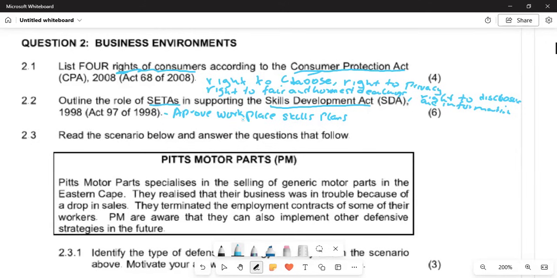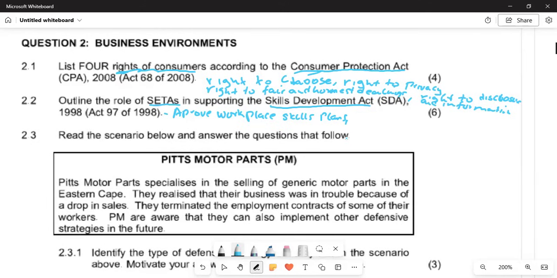They give the accreditation to business to continue training in the workplace, because they check whether the training programs that the business comes up with are going to attend to the needs of the trainees. That is why they approve workplace skills plans. That is the first role of SETA.